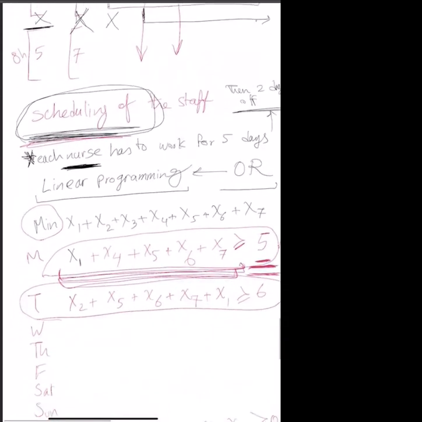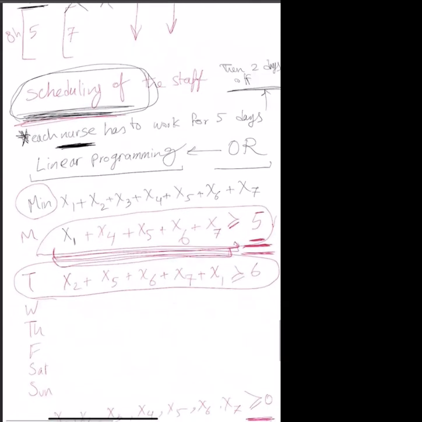But at the same time, I also want to make sure I don't hire too many staff. I want the total number of staff that start on some day of the week, the sum of them, to be as small as possible, the minimum possible level. So in that scenario, I use the minimum amount of resources, the minimum number of staff or doctors, to meet the requirements of the patients.